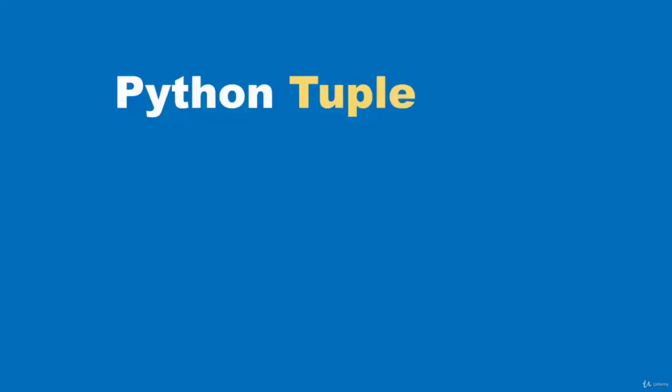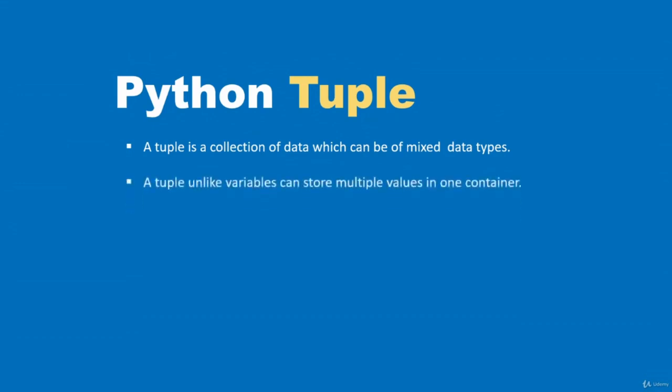What is a Python tuple? A tuple is a collection of data that can be of mixed data type. In Python, a tuple can store multiple values in comparison to a variable that can only store one value.